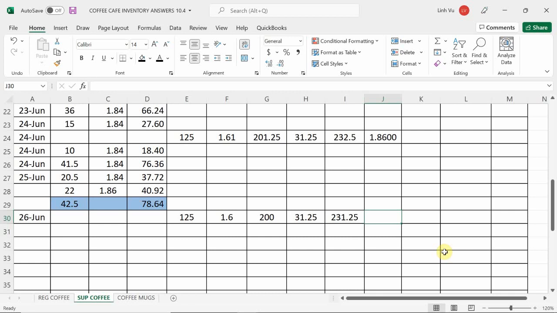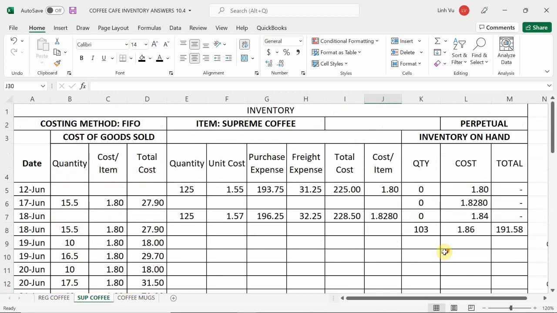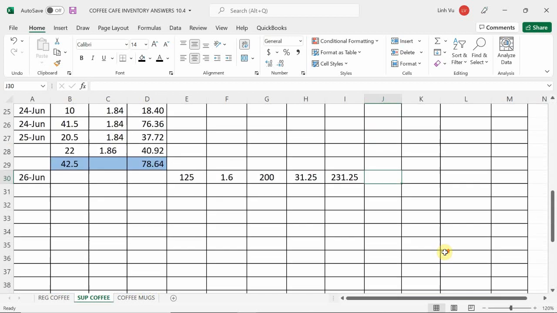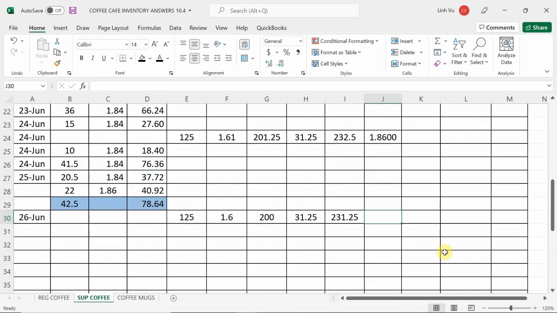So now, since we are using FIFO, we need to find our cost per item. So what's my cost per item going to be here? If it's 231.25 and we got to split it between 125 items, 1.85.